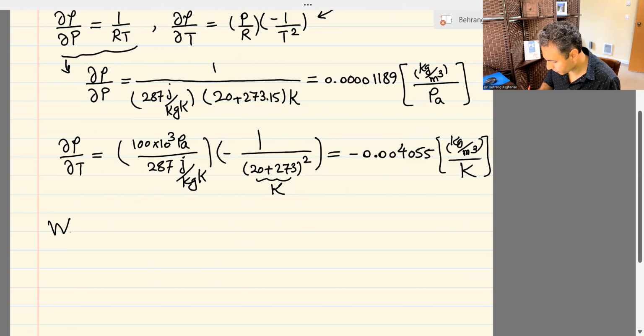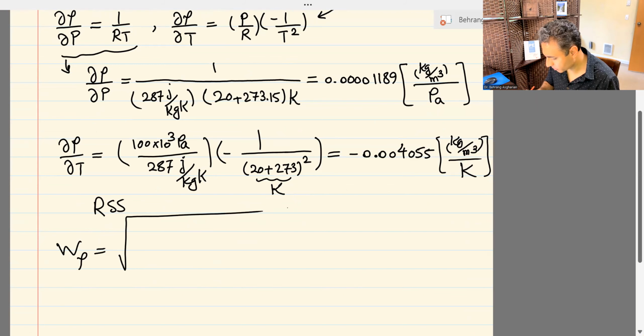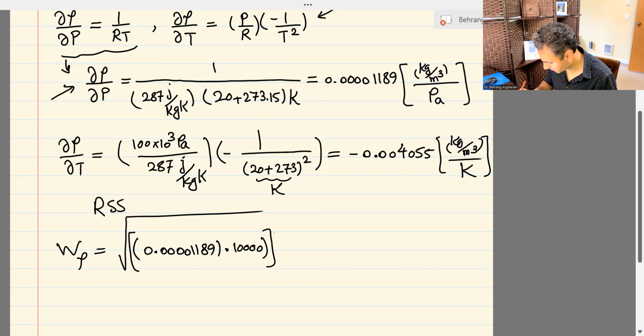The uncertainty propagation for density, using the RSS method, would be the square root of the partial derivative of, first, this guy, density with respect to pressure, 0.000 0 1 1 89, times the uncertainty of pressure, which was 10 kPa, that is 10,000 Pascals, this whole thing squared.